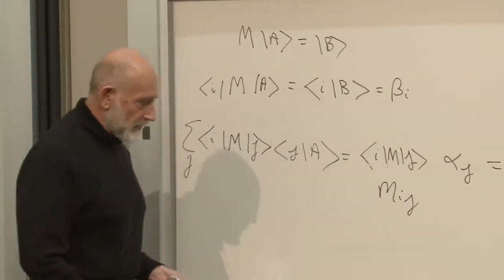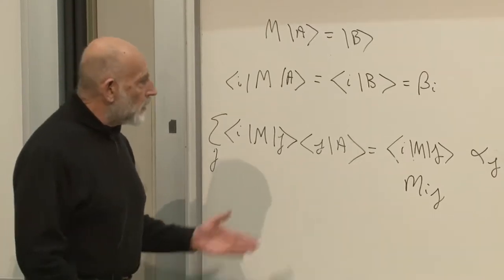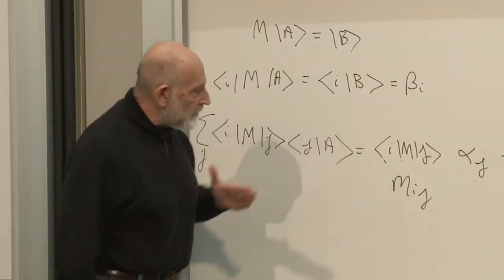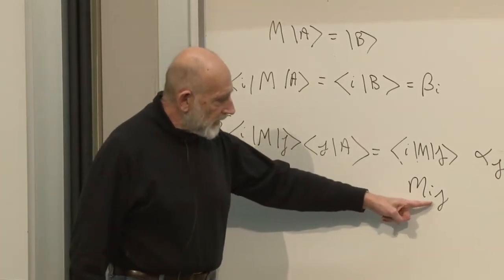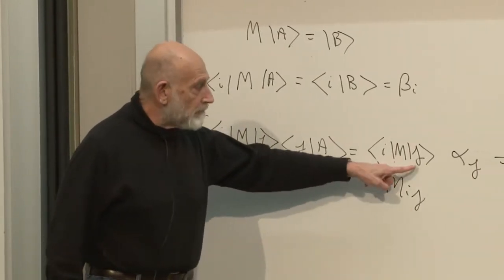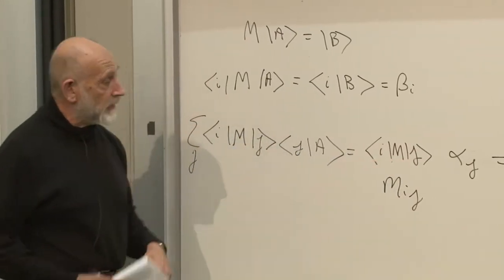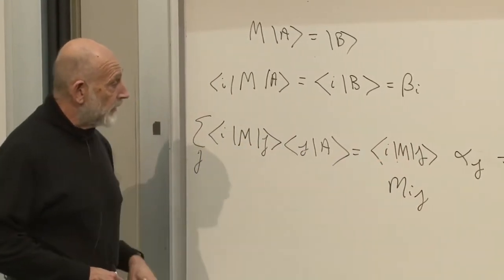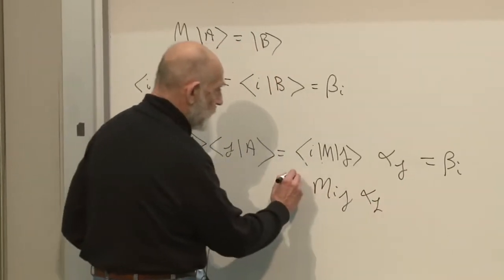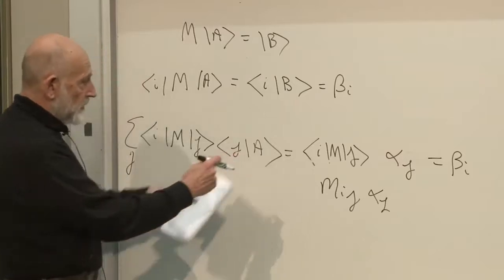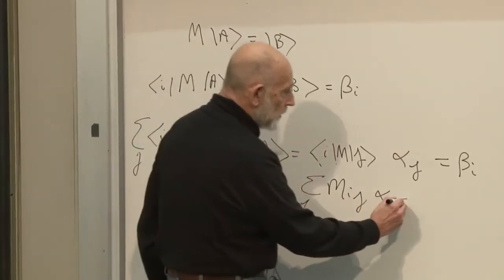It may be a complex number, but it's a number. In other words, it's possible to characterize linear operators by what are called their matrix elements. These are called the matrix elements of the linear operator M. This times alpha j summed over j. I left out the sum over j here. Let's put it back in. Sum on j is equal to beta i.